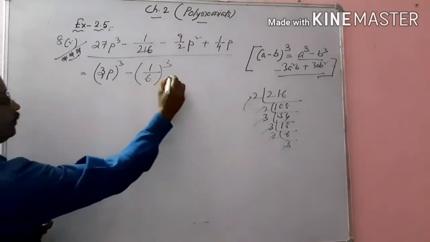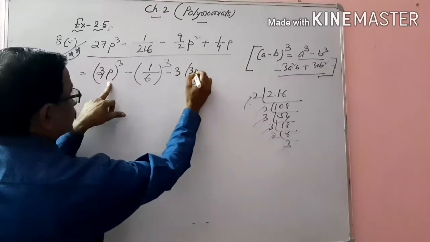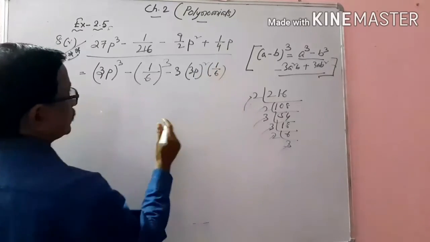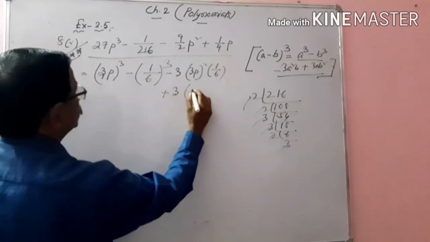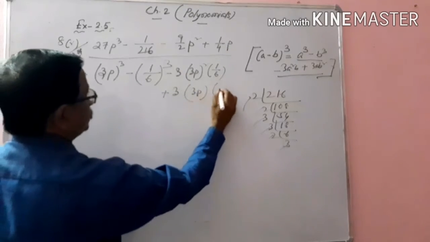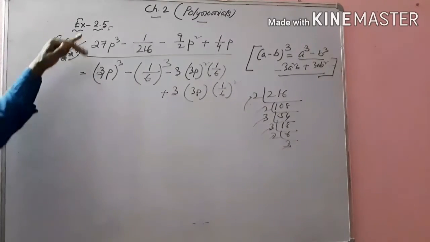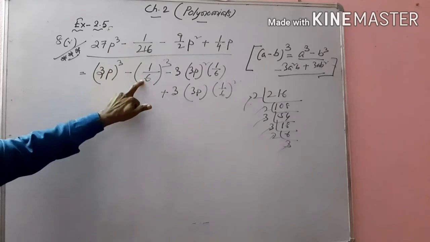Okay. Now next one is 3a square b. 3a square means 3p square, and b means 1 by 6. 3a square b plus 3ab square. A means what? 3p, and b square means 1 by 6 square. After writing this, now you check 27p cube, 1 by 216 we are getting.